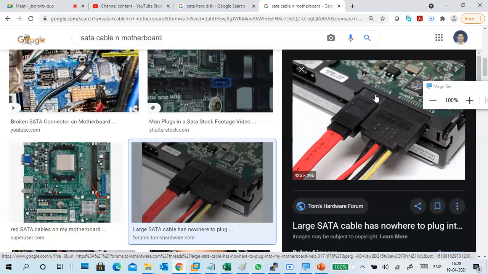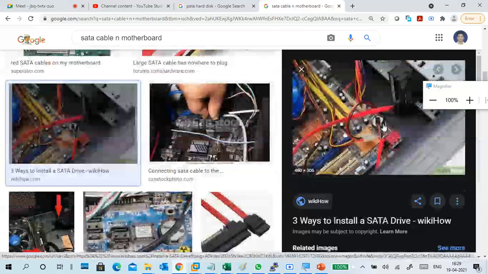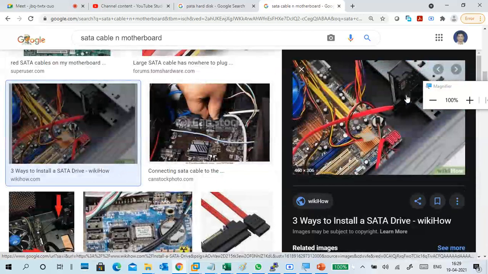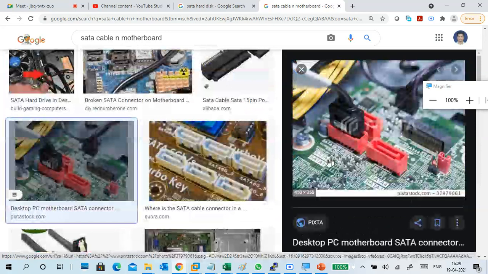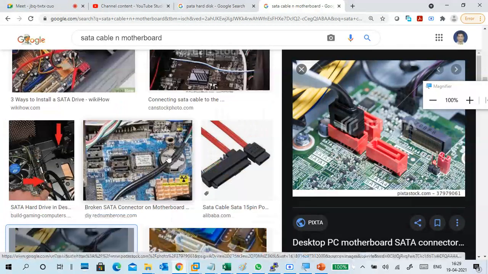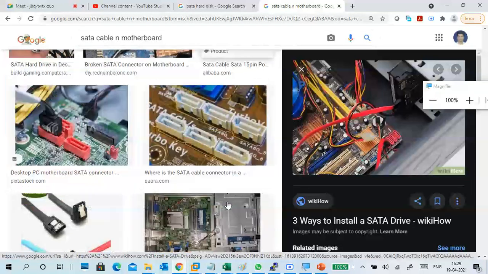One cable goes to one disk drive, a hard disk drive, or a CD-ROM or DVD-ROM. DVD also uses SATA. One cable goes to the hard disk and the other side of the cable goes to the motherboard. Generally we have four SATA plugs in normal motherboards.